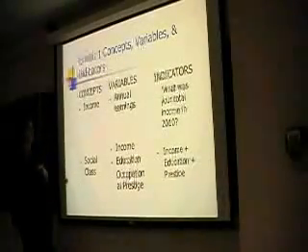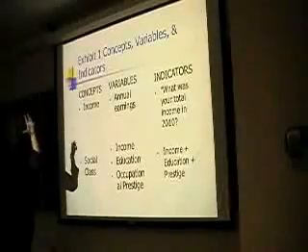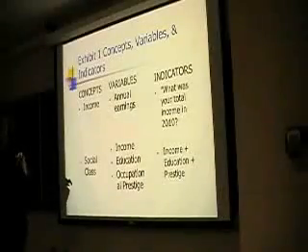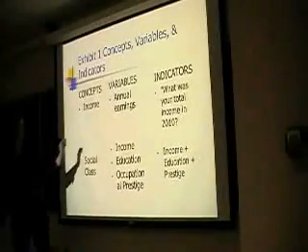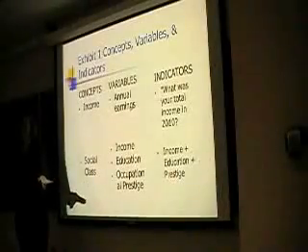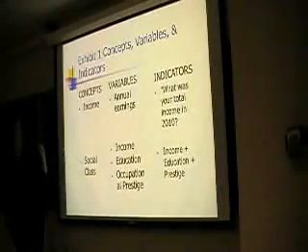And the concepts, if you can imagine, are sort of like bigger buckets that are holding ideas. And the variables are more specific about what those ideas represent. And the indicators are even more specific about what those variables represent and how we'd actually measure them. So let's walk through this example.